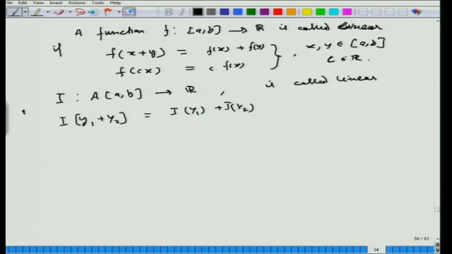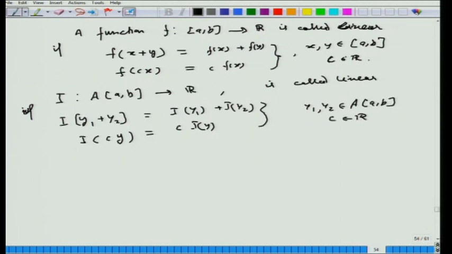Here y 1, y 2 are in the admissible class A, and c is a number in R. So, linearity is defined in the same manner.